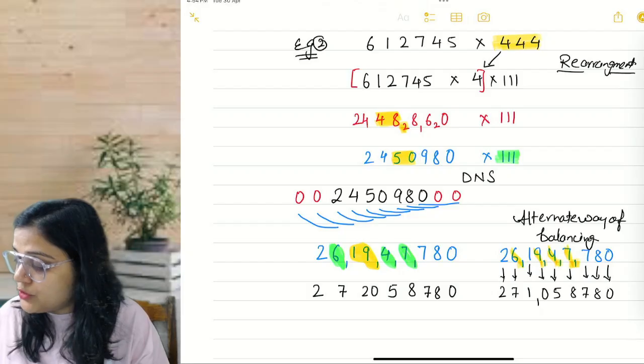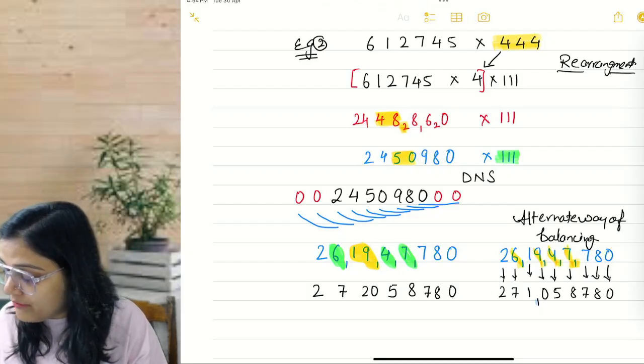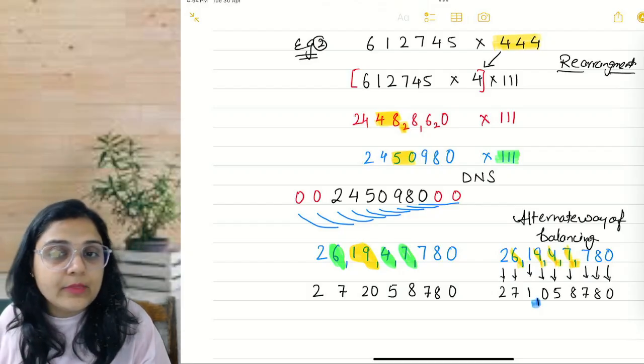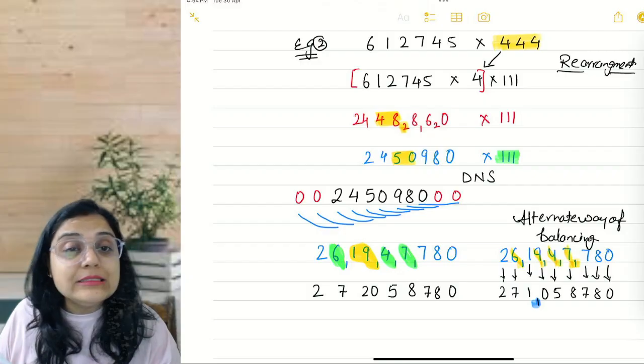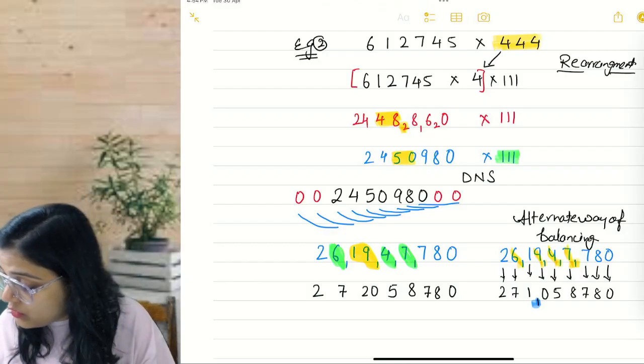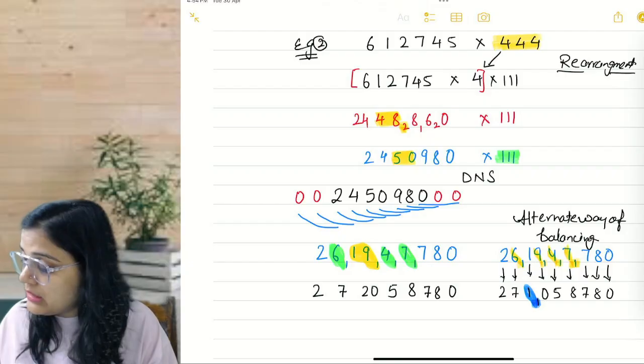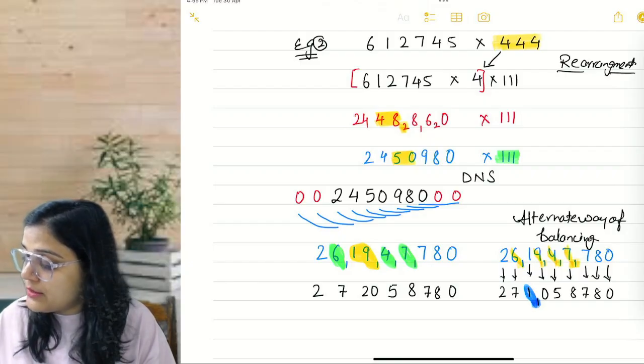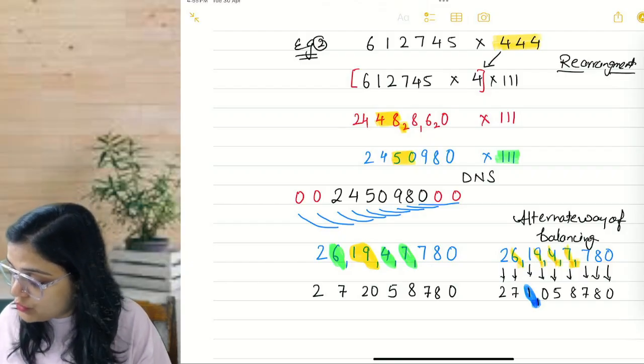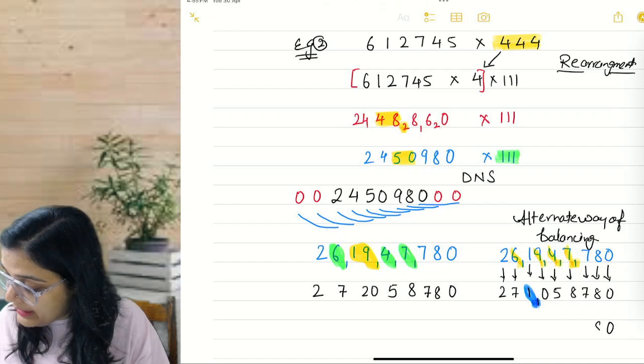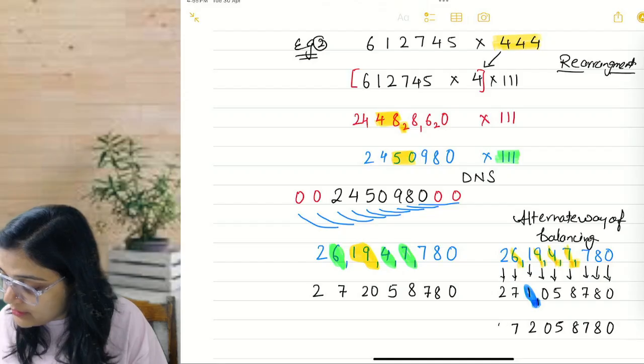So you are in a situation where you are still having a carry. So you have to do this balancing again. So now you will add this one carry with this one, right? And all other digits will remain same. So 0 same, 8 same, 7 same, 8 same, 5 same, 0 same, 1 plus 1, 2, 7, 2.